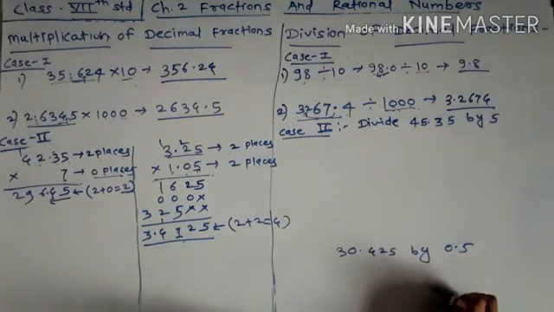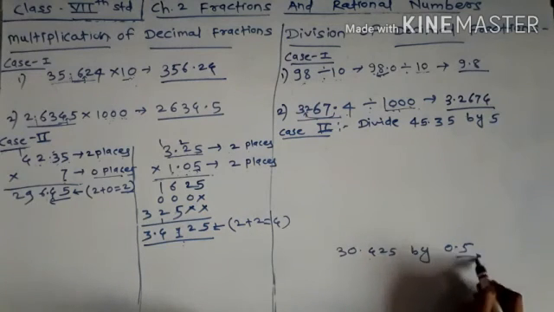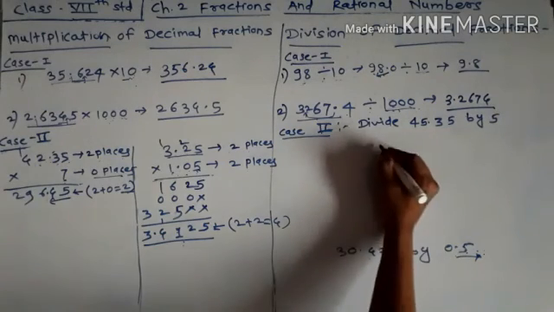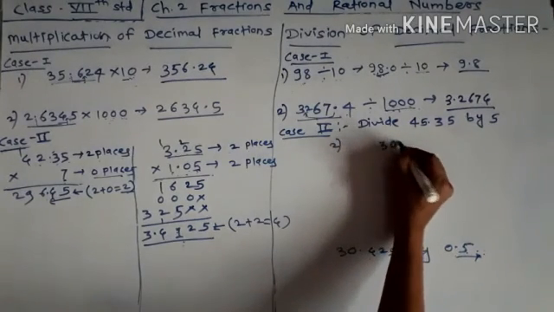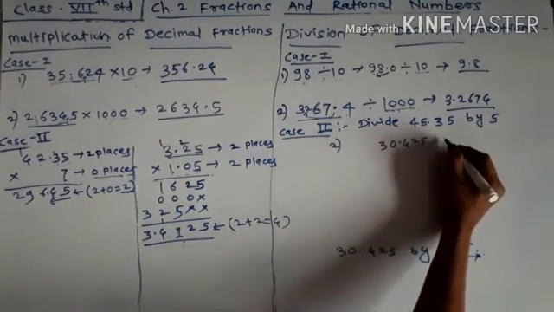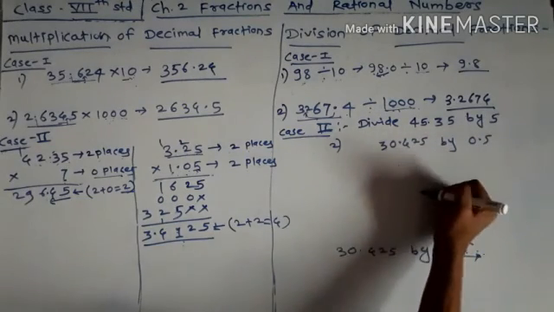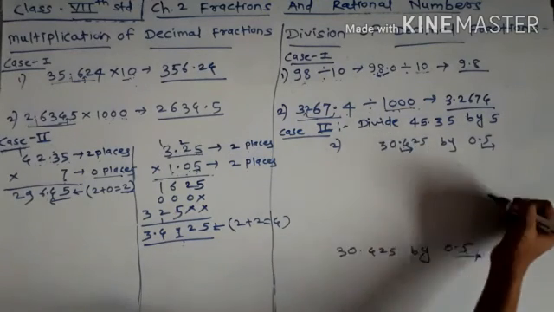For simplifying this division, we move this decimal point to the right side by 1 digit.